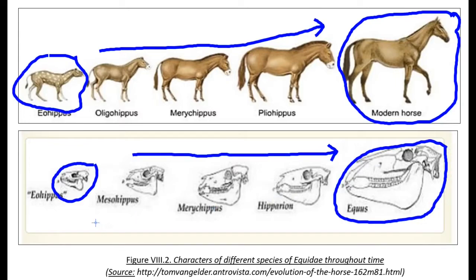And you can also see that the teeth are bigger than those of Eohippus, and later on we'll look into more detail as to what are the specific characteristics of the teeth. So the two first things we can say is that in terms of global size, modern horses are bigger and their skulls are bigger.